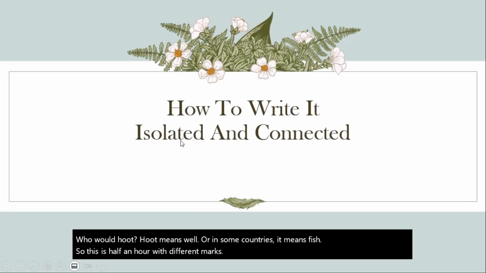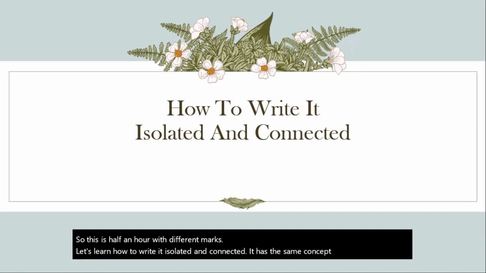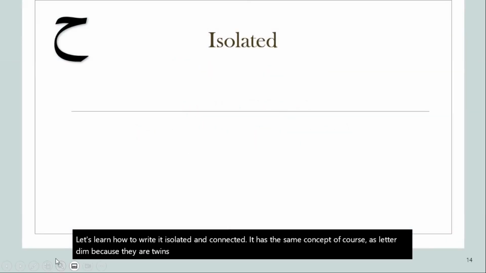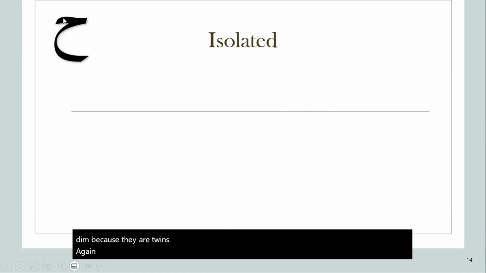Now let's learn how to write it isolated and connected. It has the same concept, of course, as letter Jim, because they are twins. Again, isolated, as you can see, we have the curve above the line, and then we have the rest of it, okay, under the line.